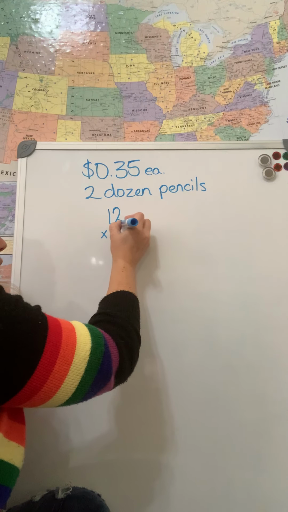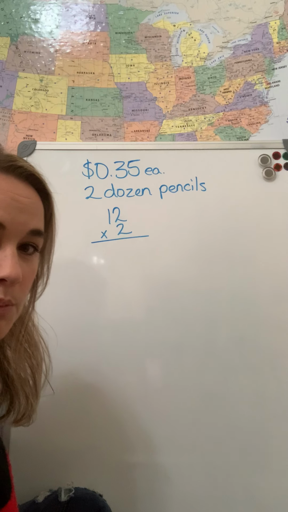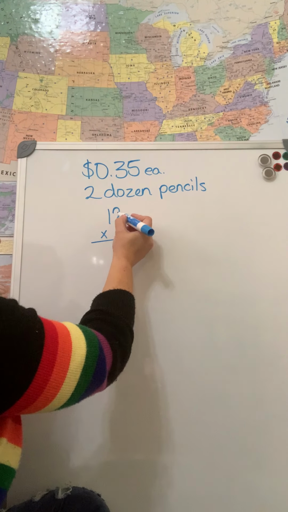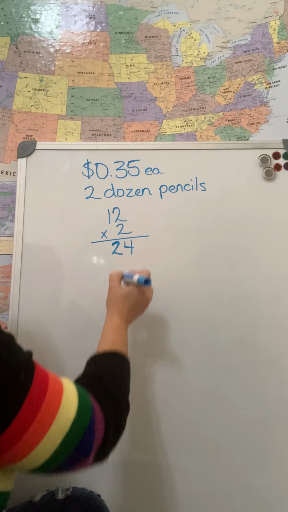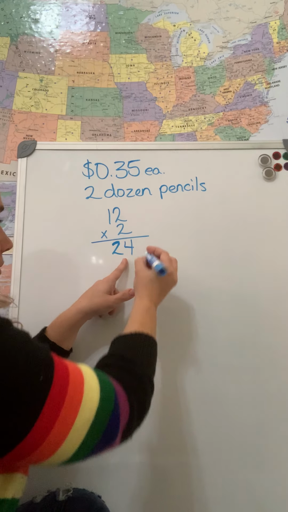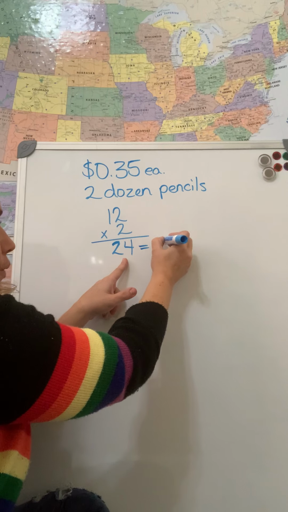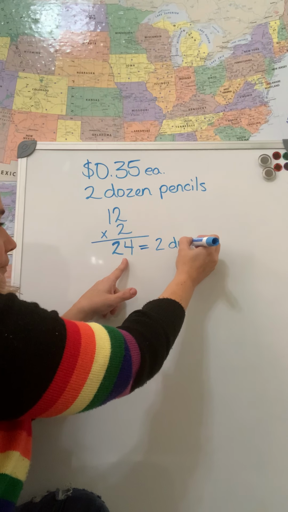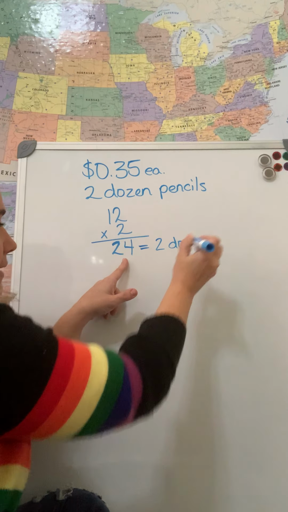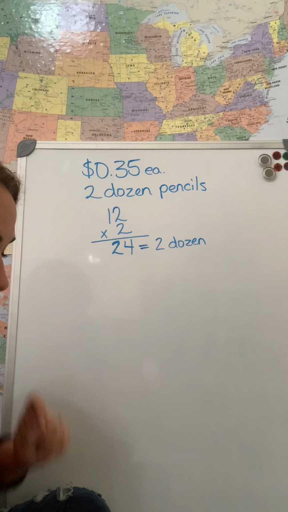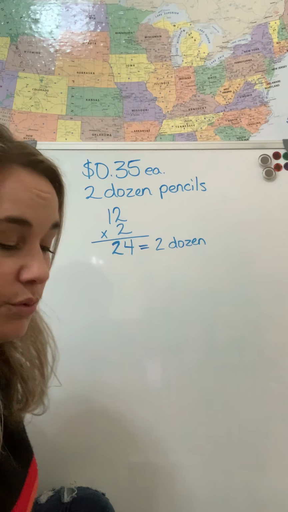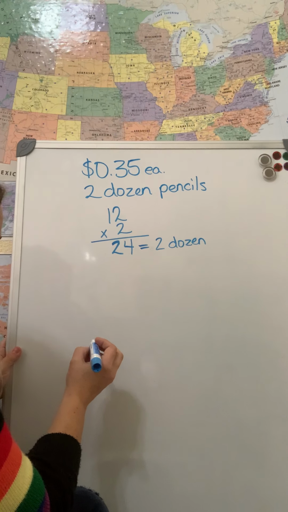And if we have 2 dozen, we can multiply 12 times 2. And we can get 2 times 2 is 4. 2 times 1 is 2. So now we know 2 dozen equals 24 pencils. Okay? All right. So now we have 24 pencils at 35 cents each, and we want to know the total cost. So let's set that up, okay?